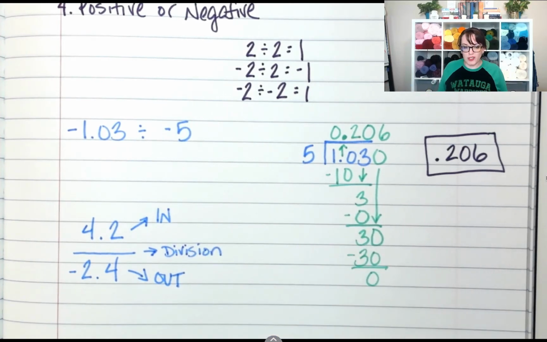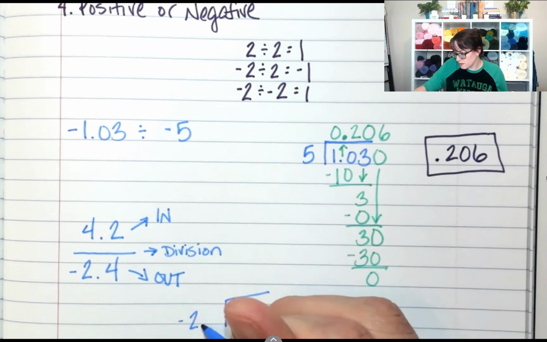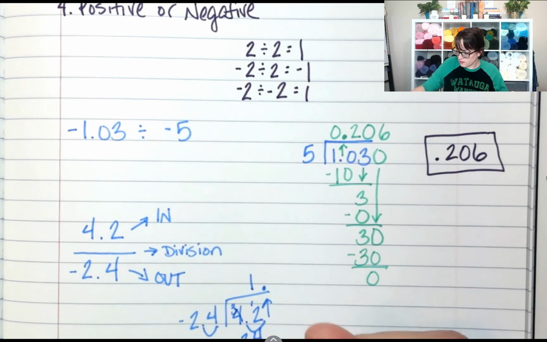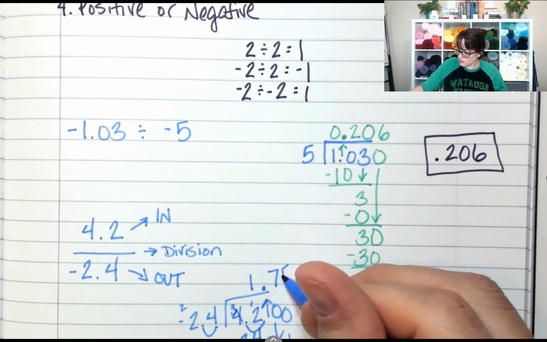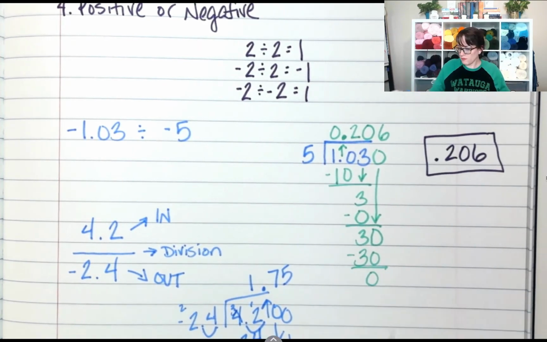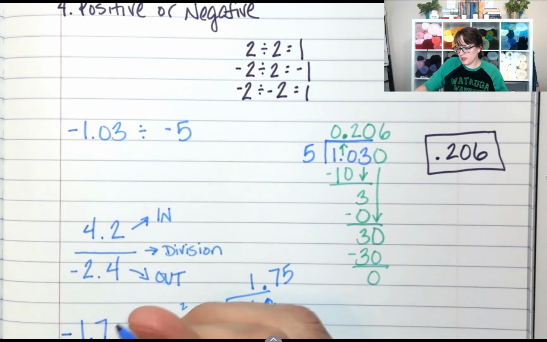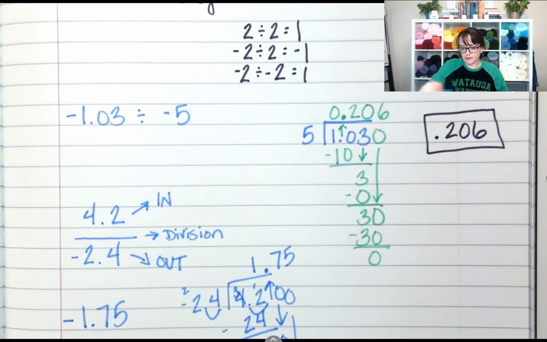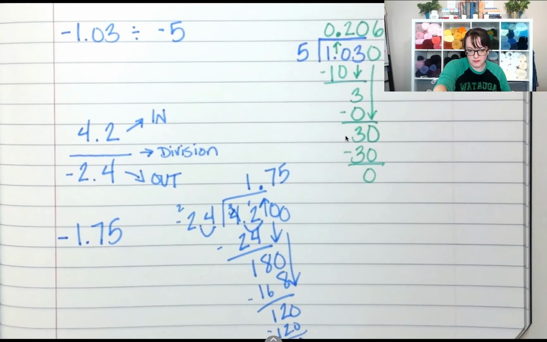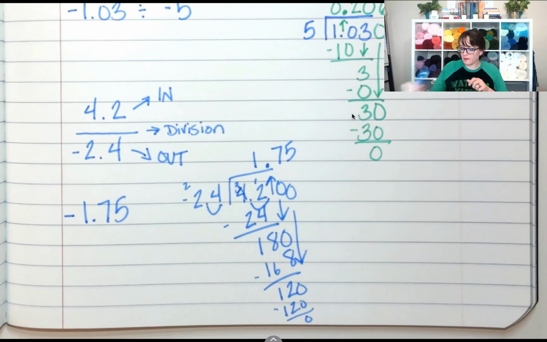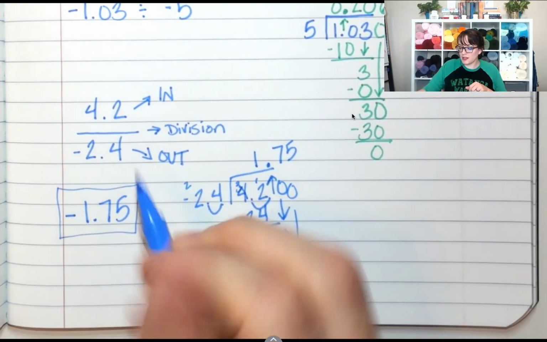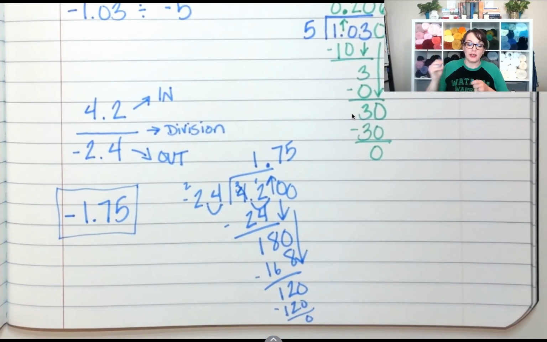So what is 4.2 divided by negative 2.4? You should end up with negative 1.75. There's the rest of the work. All right, and it is a negative because a positive divided by a negative is a negative.